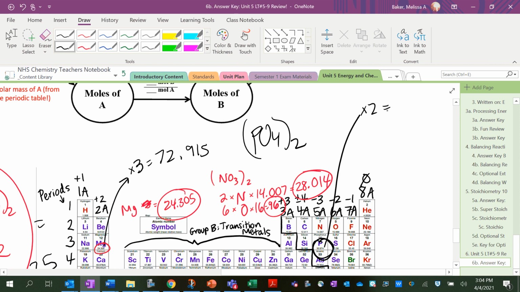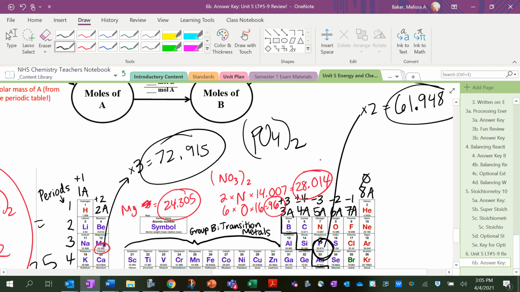So that's 30.974 times 2. So the P's are 61.948. I'm going to circle that. And then the O's is 8 because it's O4 times 2. So 8 times 16, 128.